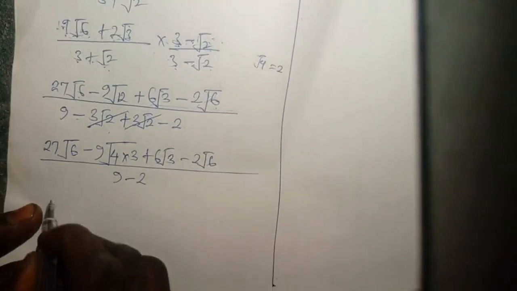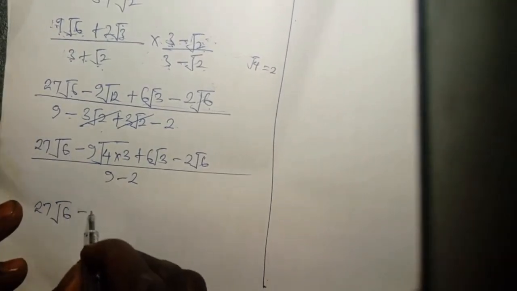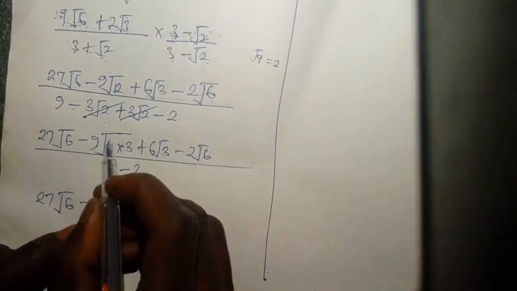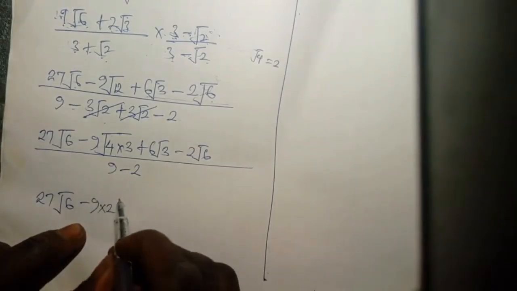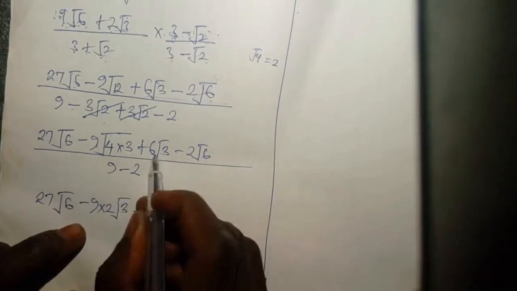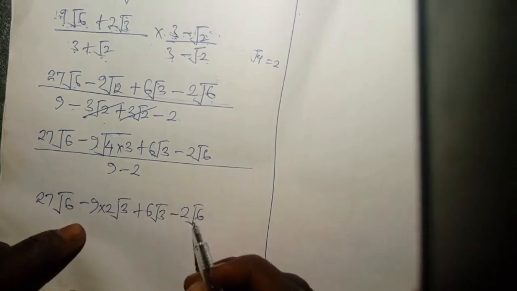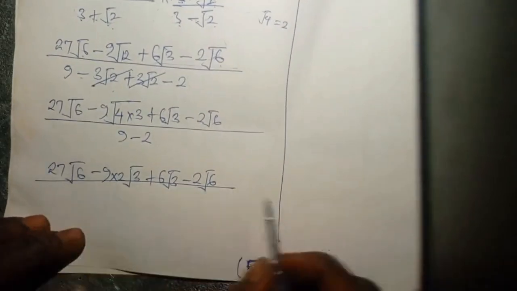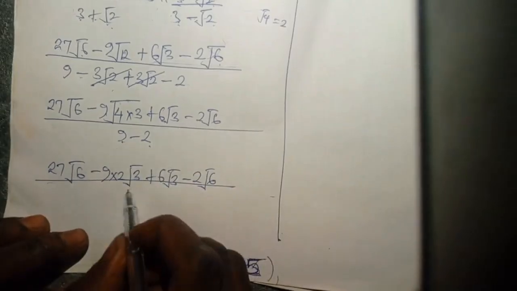Therefore, 27 root 6 minus 9 times root of 4. Root 4 is 2, so 9 times 2 root 3, plus 6 root 3, minus 2 root 6, all over 9 minus 2, which is 7.